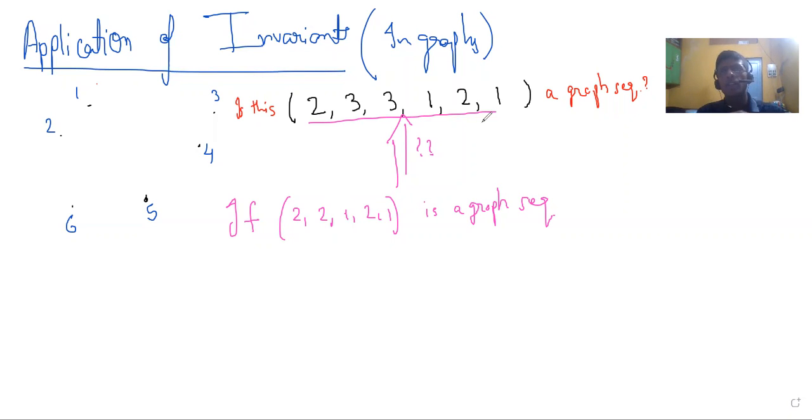But then how will that help you to answer if this is a graphic sequence or not?